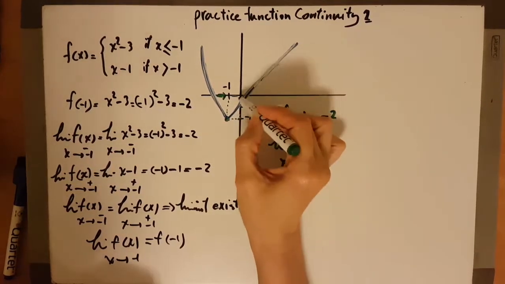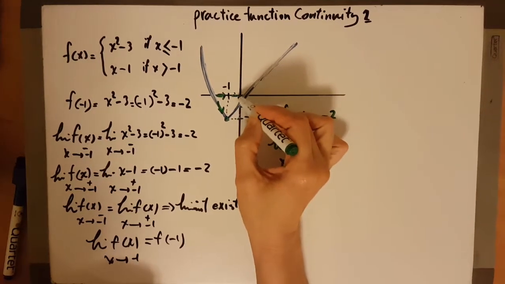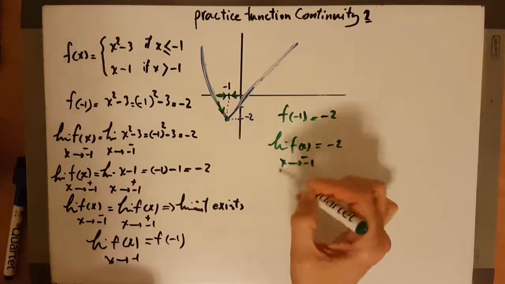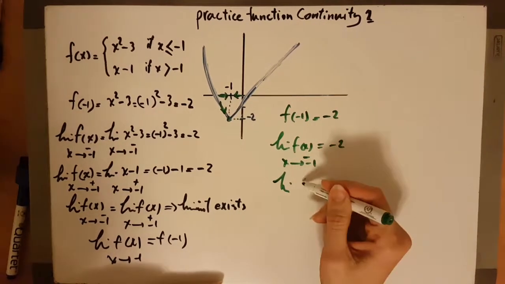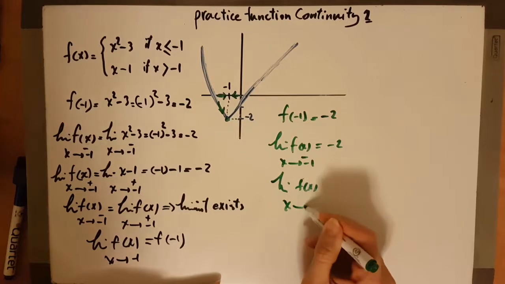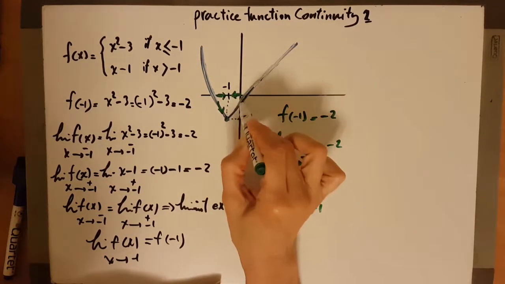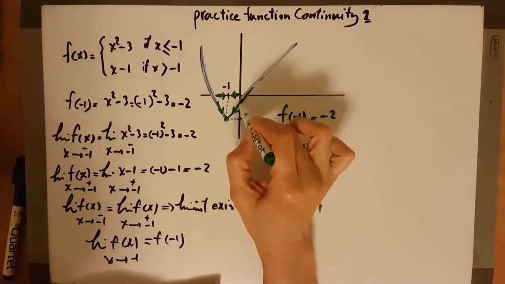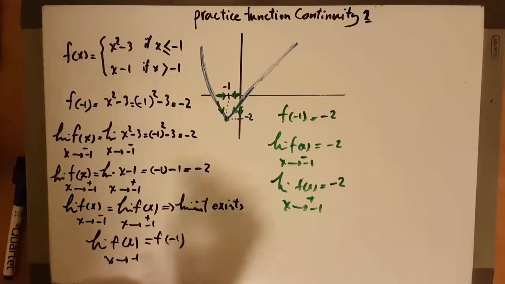And when I go from the right side, the limit of f(x) when x goes to -1 from the right side is associated with this movement, so it goes to -2 again.